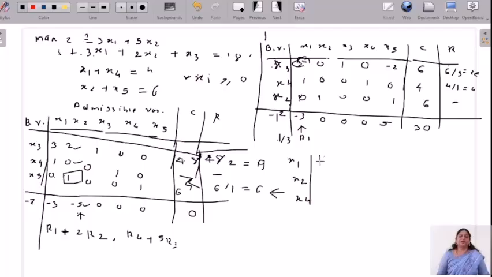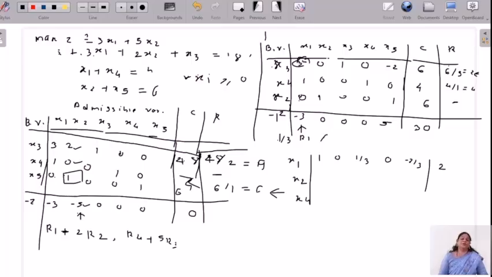Next 1 by 3, 1 by 3, 0, minus 2 by 3 and 6 by 3 is equal to 2. Then this element is equal to 0. After doing this, use this row with the unit element while converting the corresponding column element equal to 0. Use this pivot element as a unity.